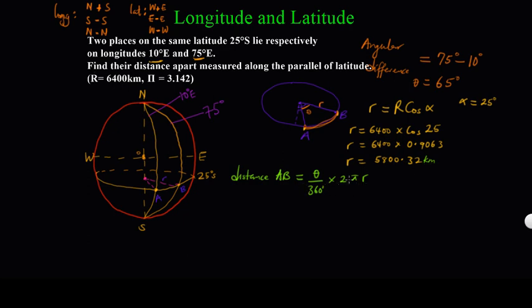So we then need to substitute the values that we have here. Theta is 65 degree over 360 degree multiplied by 2 multiplied by pi, which is given to us as 3.142, then multiplied by the radius of the small circle that we have calculated to be 5800.32.